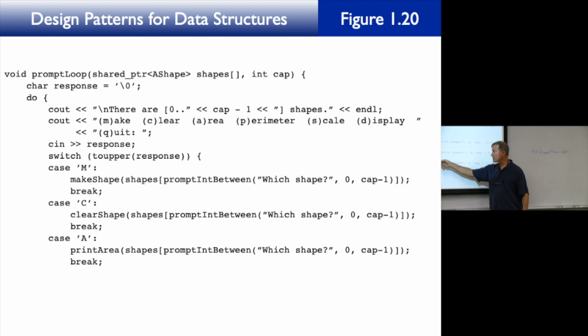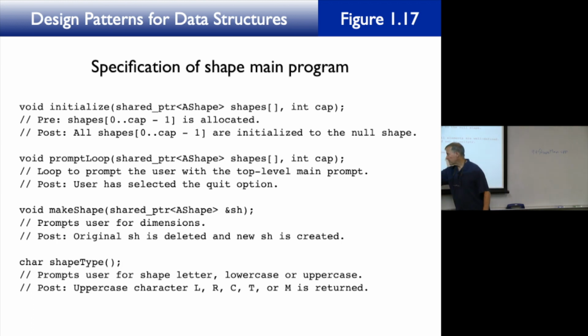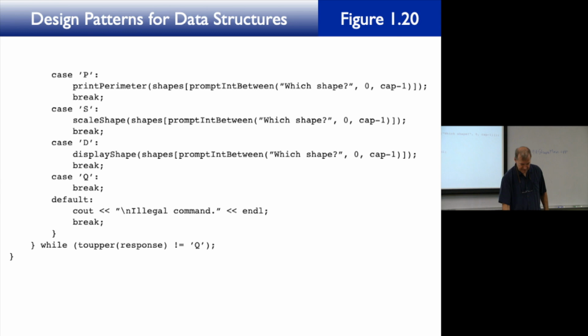Clear shape, shapes sub, and so shapes sub this is one individual shape. So if you remember the parameter for make shape, it took a single shape. See? Make shape takes a single shape, not an array of shapes. Are we good? I'm assuming that you guys are all following this all right. And then so on for the rest of this.